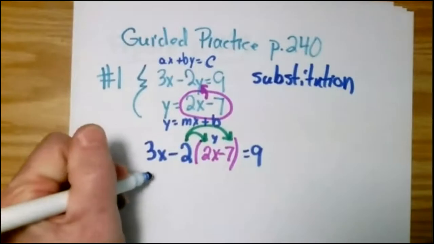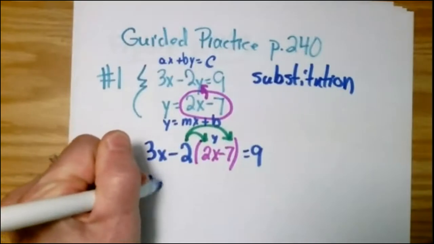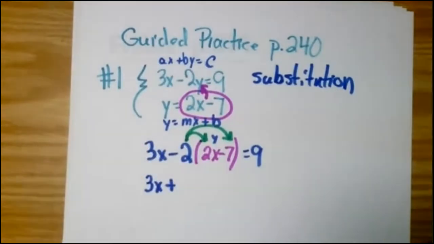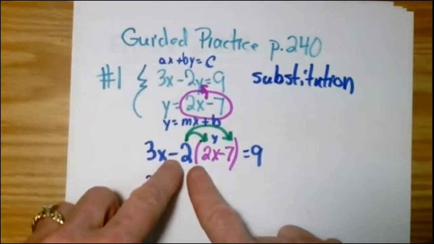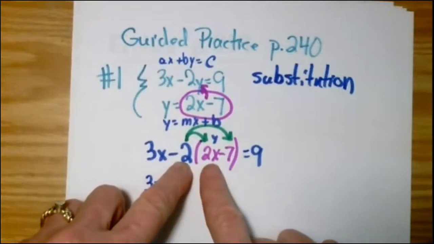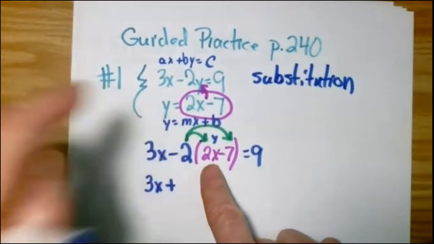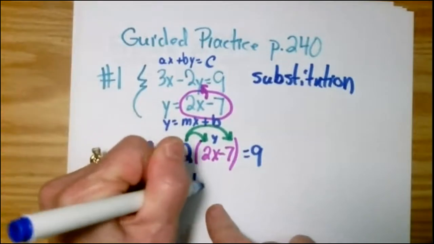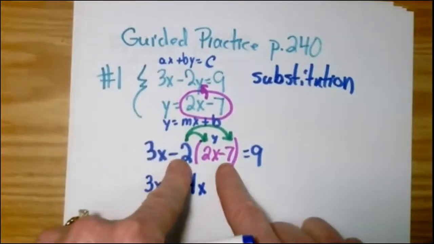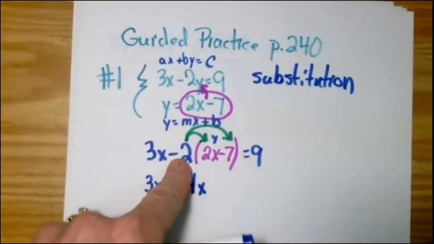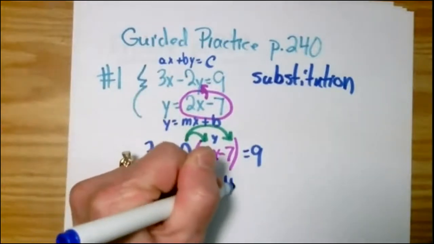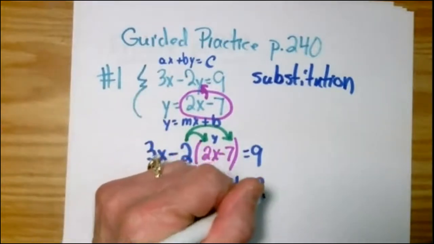So I'm going to rewrite this as 3x plus, and I'm going to assume this is a negative 2. So negative 2 times 2 is going to give me a negative 4x. A negative 2 times a negative 7 is going to give me a positive 14. And all of that equals 9.